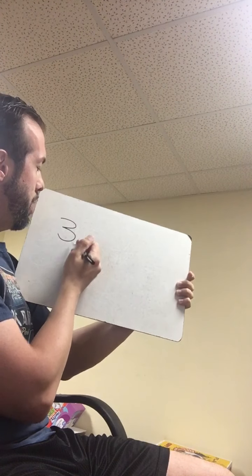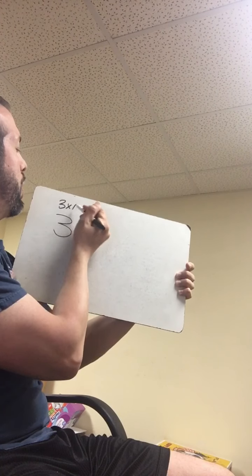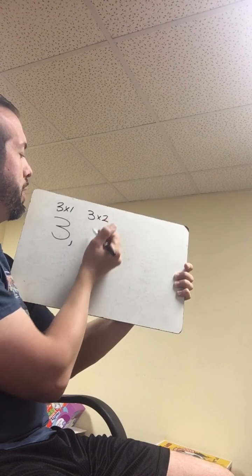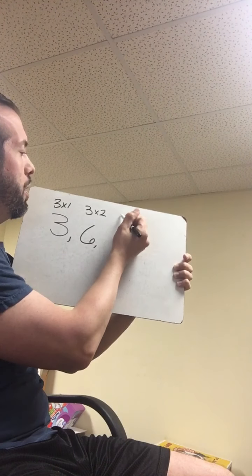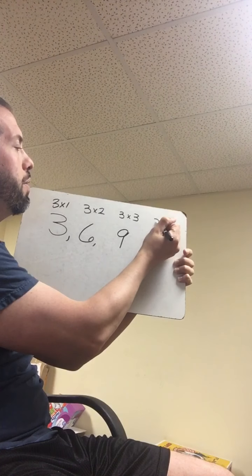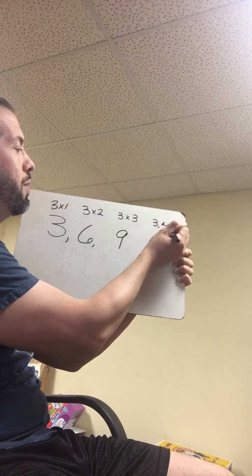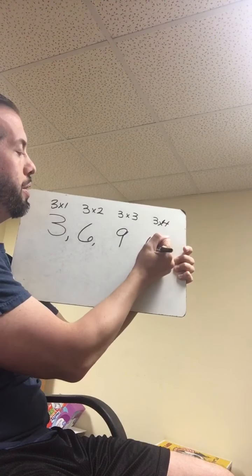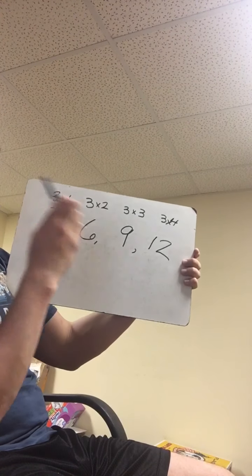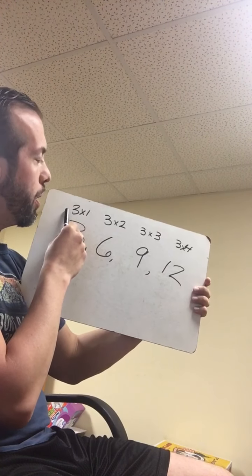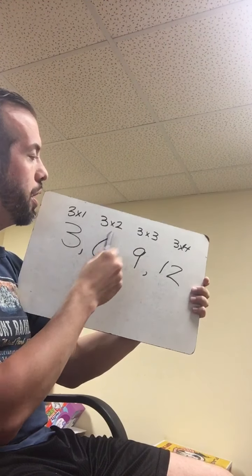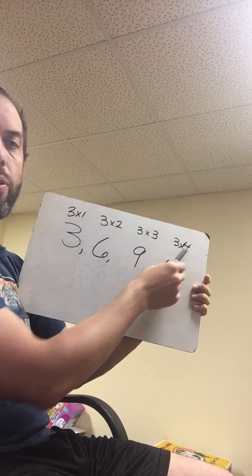So I would just think 3 times 1 is 3, 3 times 2 is 6, 3 times 3 is 9, 3 times 4 is 12. So every single time we're essentially just multiplying 3 times that next counting number. 3 times 1 is 3, 3 times 2 is 6, 3 times 3 is 9, 3 times 4 is 12.